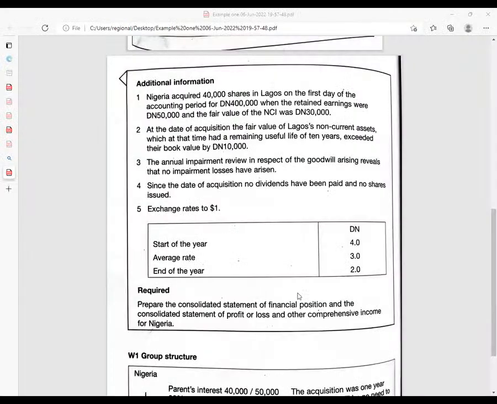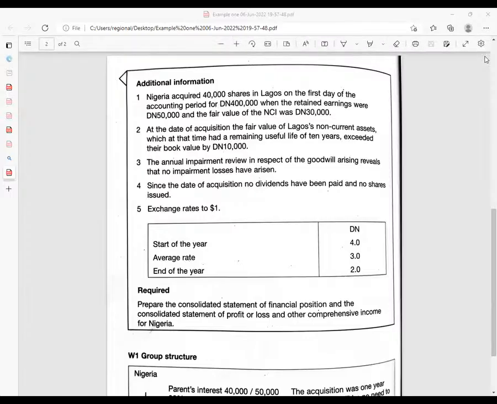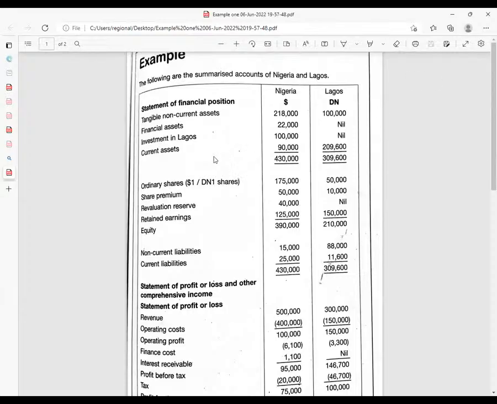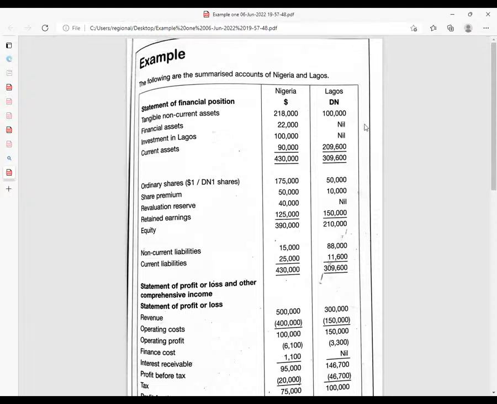In the next item we have the financial assets. This is basically a free mark thing, because it is 22,000 plus 0. I love free marks in group consolidation.